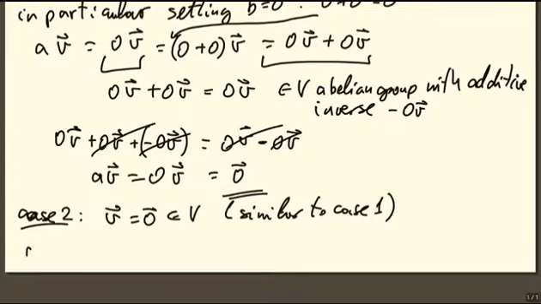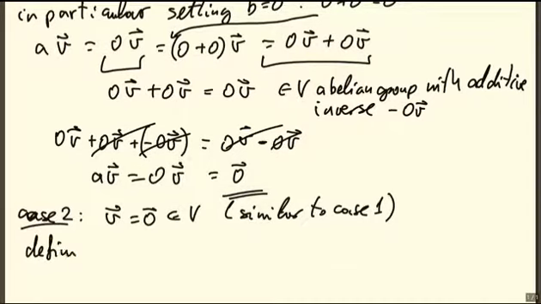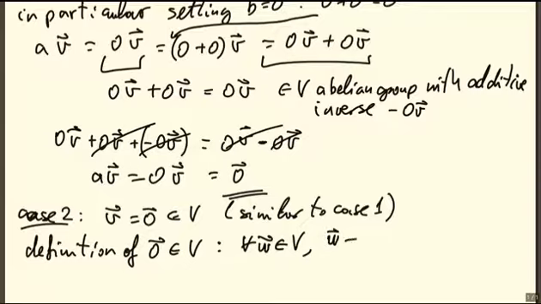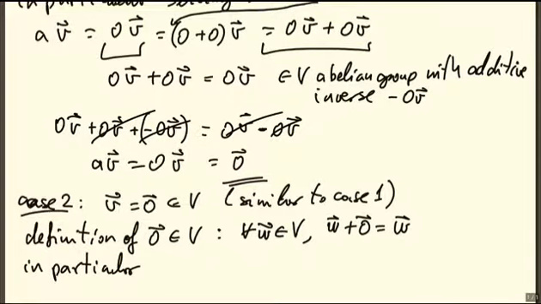So we have now the definition of the 0 vector in V, the vector space, is that for all vectors W, if you add the 0 vector to this W, it doesn't change the vector W. And then again, as a special case, we set W equal to 0.